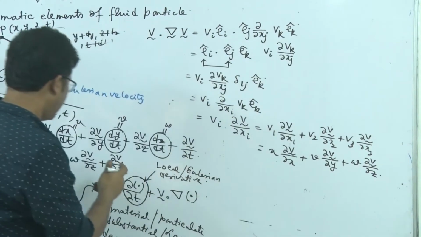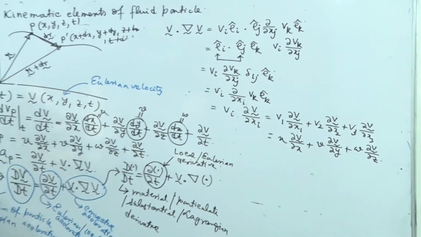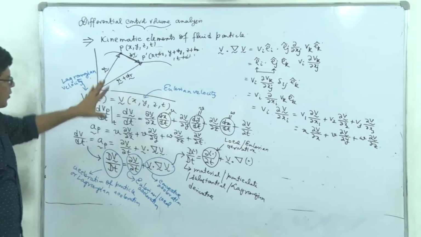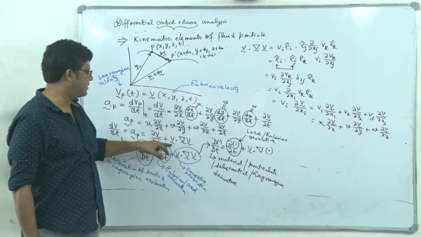So the same as we have got here, right? So that's the formal proof of how we have replaced it as V dot grad.